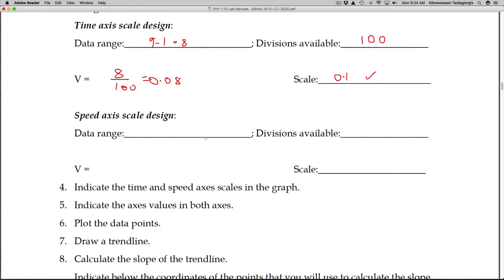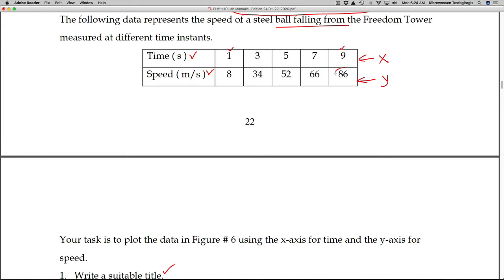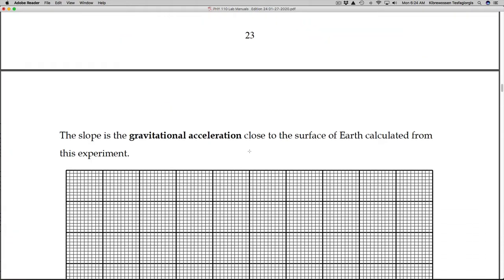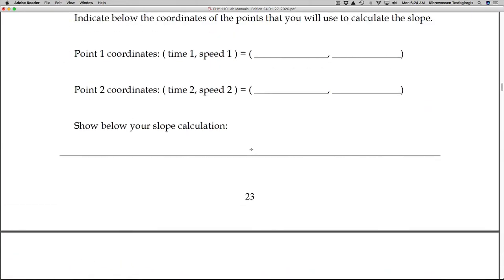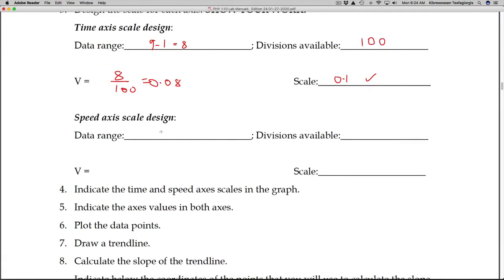Okay, then you do the same thing for the y-axis. Okay. So your data range for the y-axis is going to be this guy minus this guy, right? So therefore, that's your data value. Where do I put it? I think, what is it? 86 minus 8 probably, right?